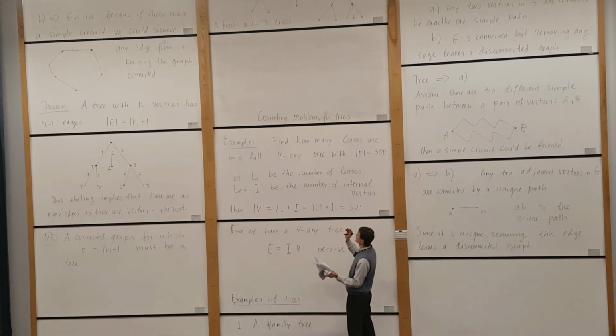So in a full quaternary tree, we have 0 or 4 children, by definition. 0 means this is a leaf, and 4 means it's an internal vertex.